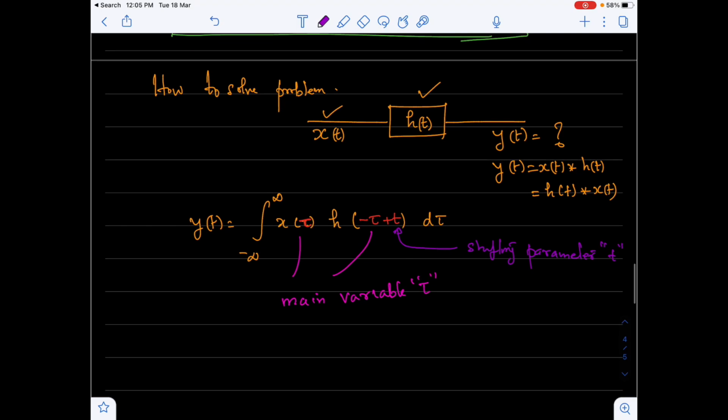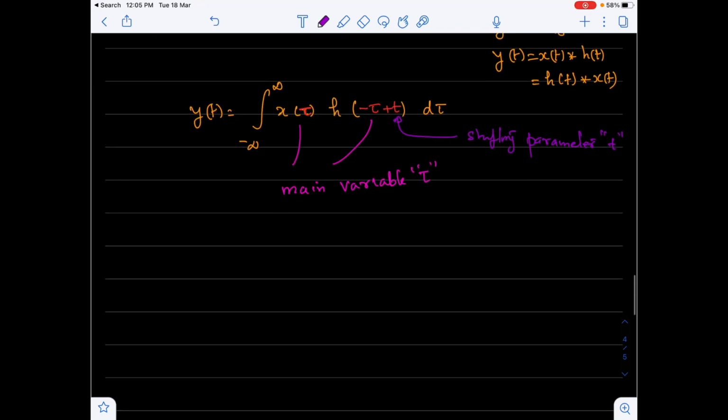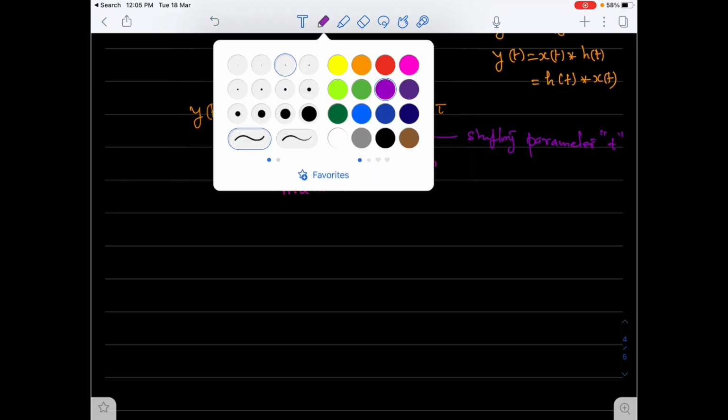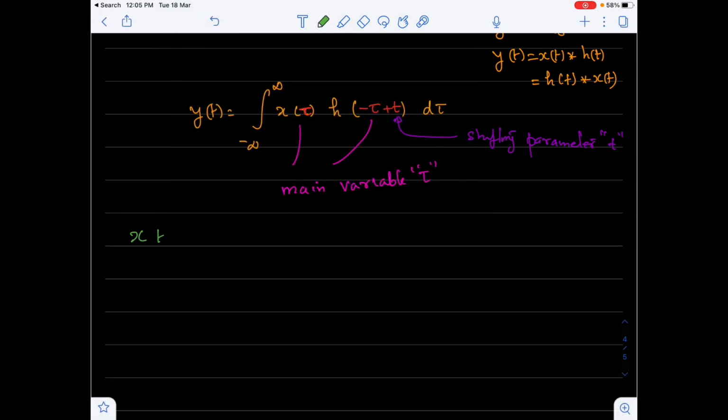Now how can we find the output of a system? I told you x of t is given, then h of t is also given. Now we will find x of tau, then we will find h of tau.